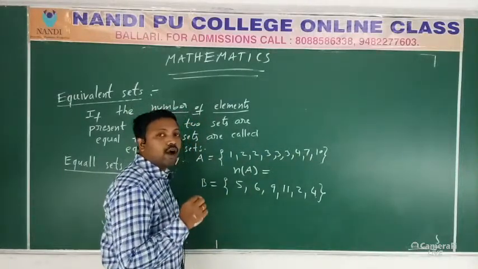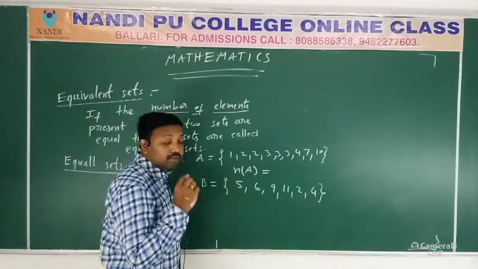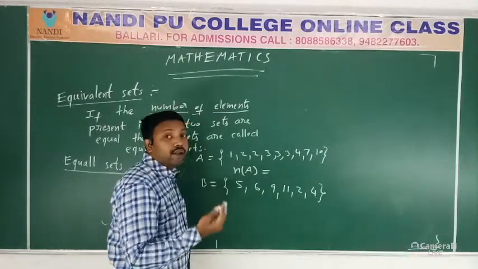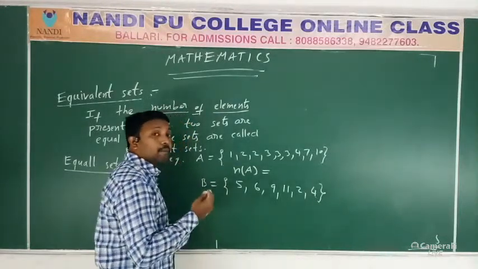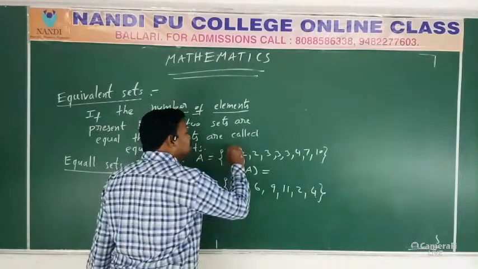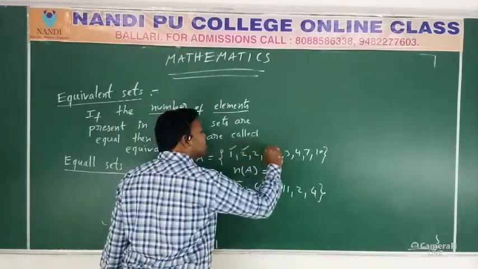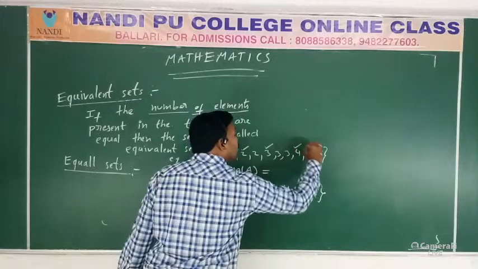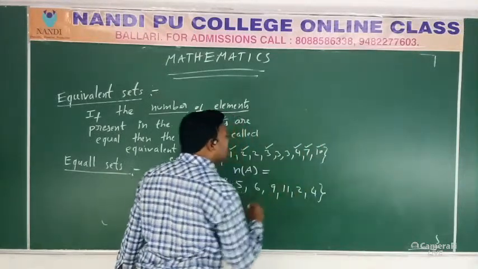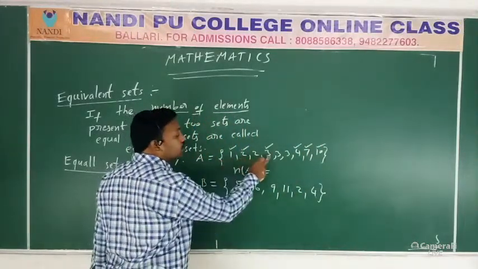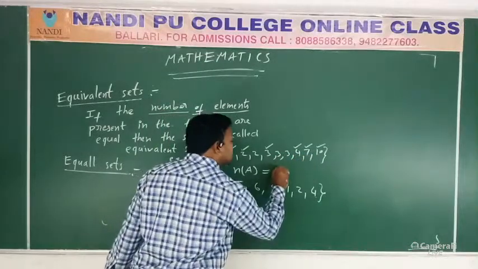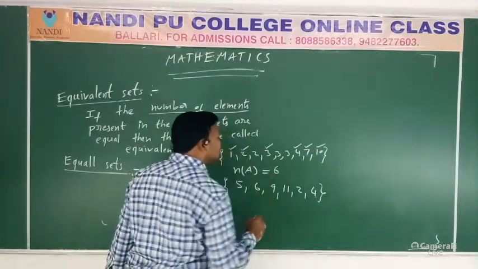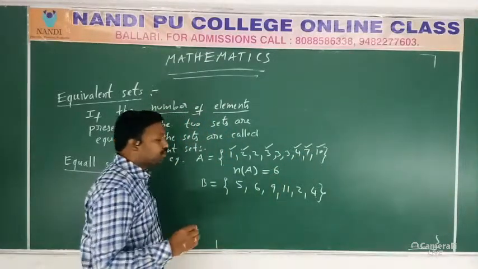When we count the number of elements, you have to count the number of different elements. So 1, 2, 3, 4, 7, 10. How many are there? 1, 2, 3, 4, 5, 6. So the elements present in this set are 6.